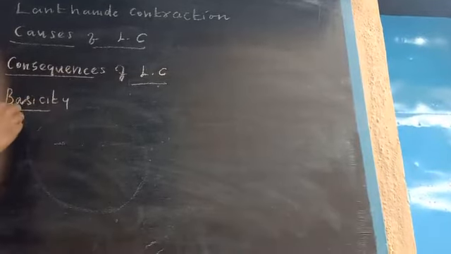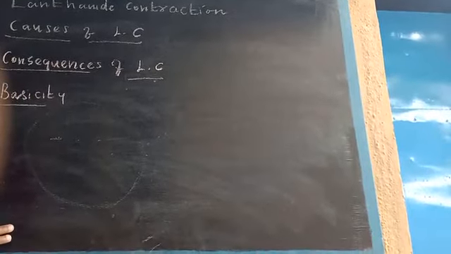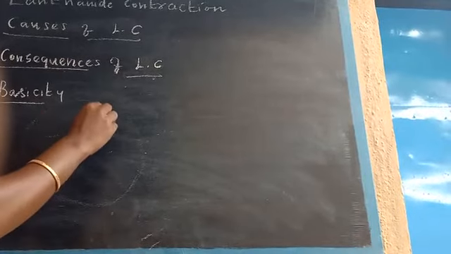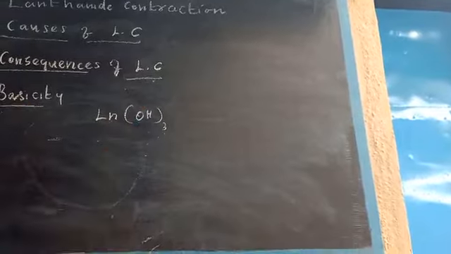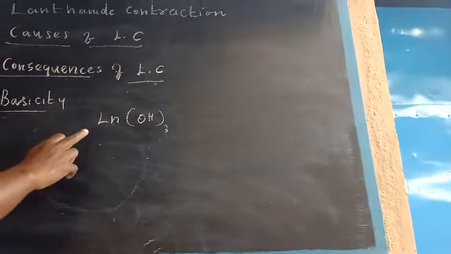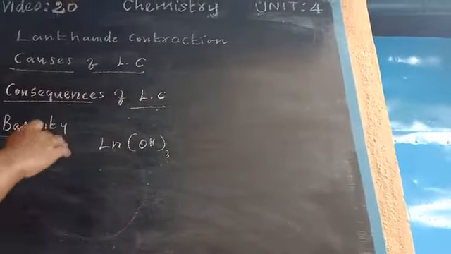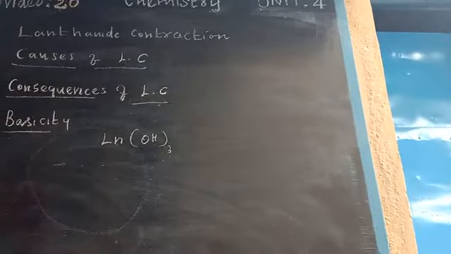In the lanthanide series, the general formula is Ln(OH)3. This is the +3 state. Lanthanides exhibit +3 as the common oxidation state.